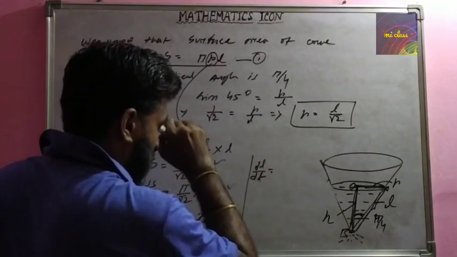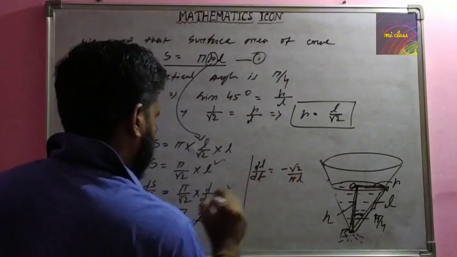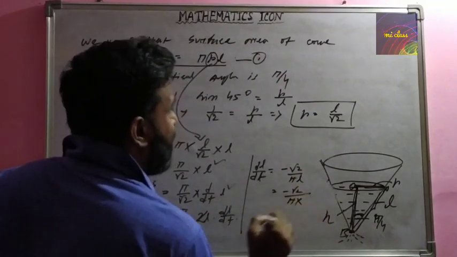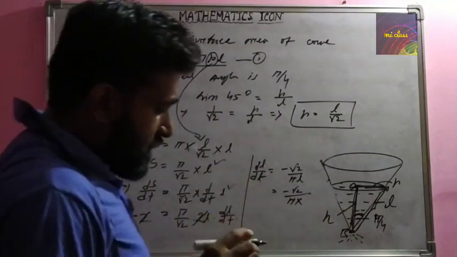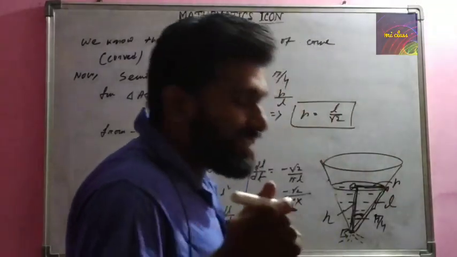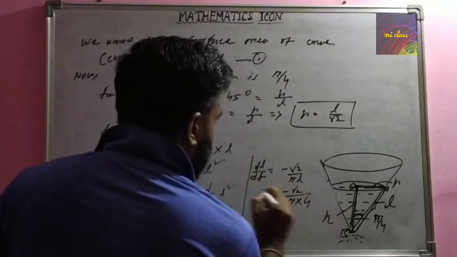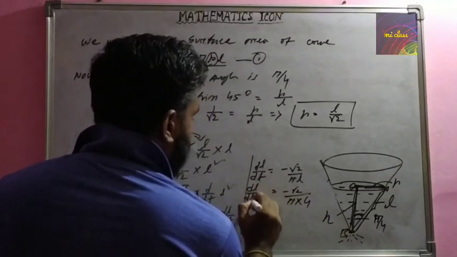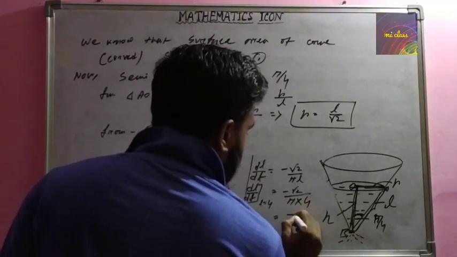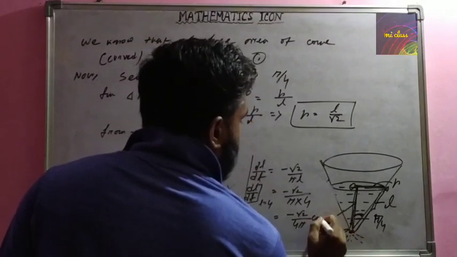Now if you calculate, dl by dt equals minus root 2 by pi L. The value of L is given in the last part of the question: 4 centimeter, when the slant height of the water level is 4 centimeter. So writing dl by dt at L equals 4, it becomes minus root 2 by 4 pi centimeter per second.